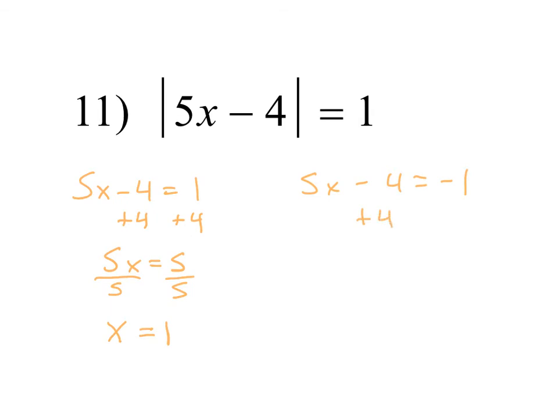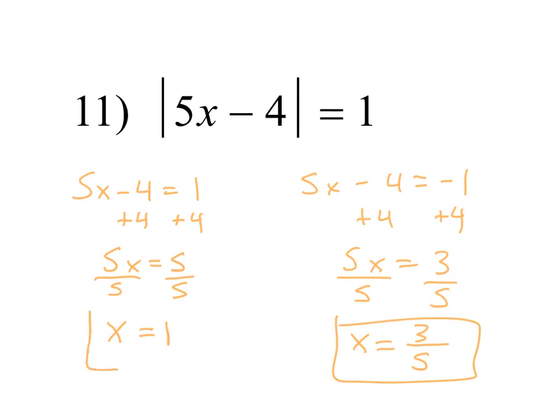Again, we add 4 to both sides. So we get 5x is equal to, what is negative 1 plus 4? Positive 3. Then we divide by 5 on both sides, and we get x is equal to 3 over 5. And we can't simplify that anymore, so we just leave it like that.